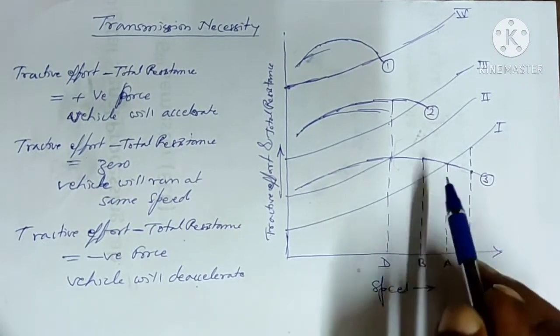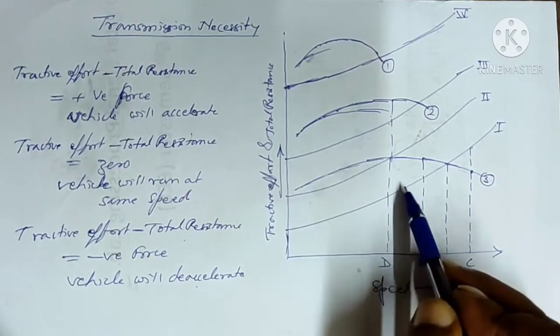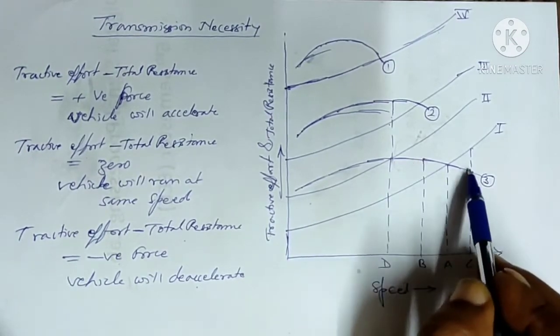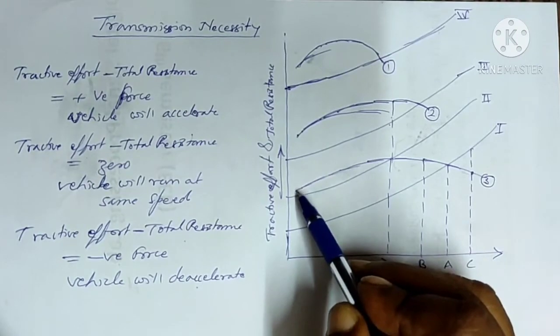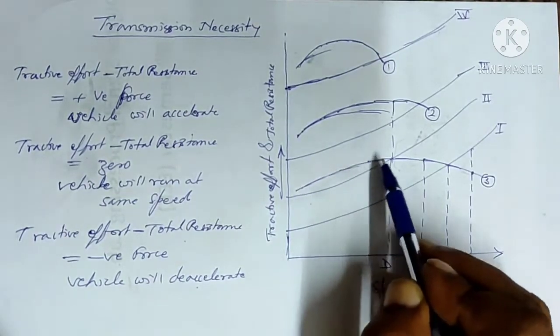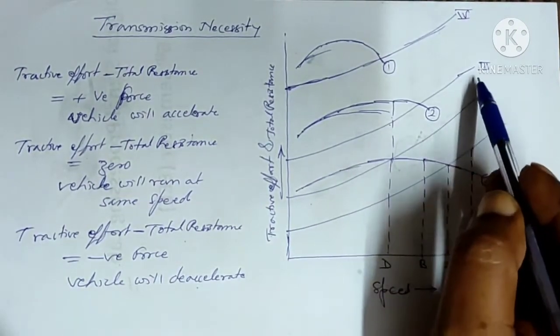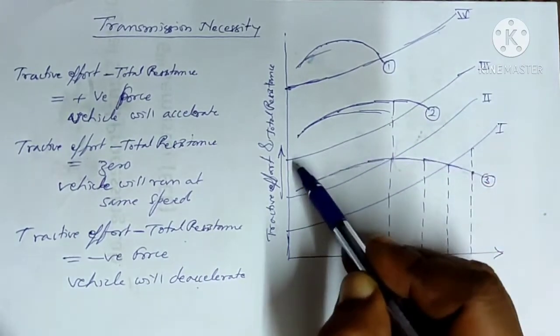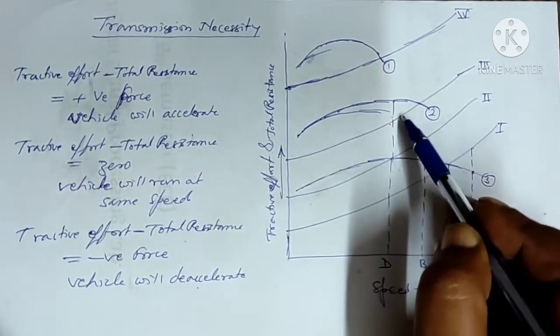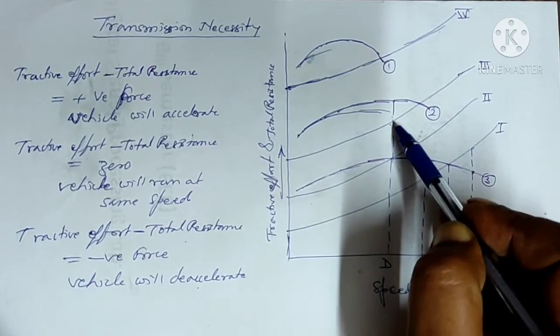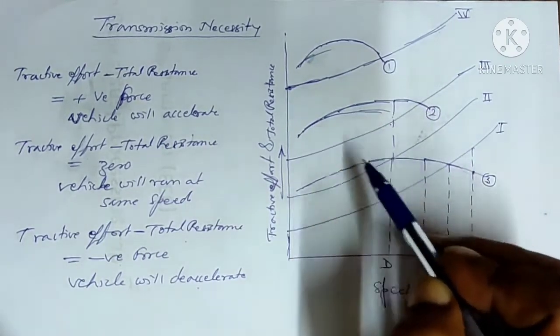If the total resistance is increased, say it crosses the tractive effort curve, say we are here somewhere in this case.